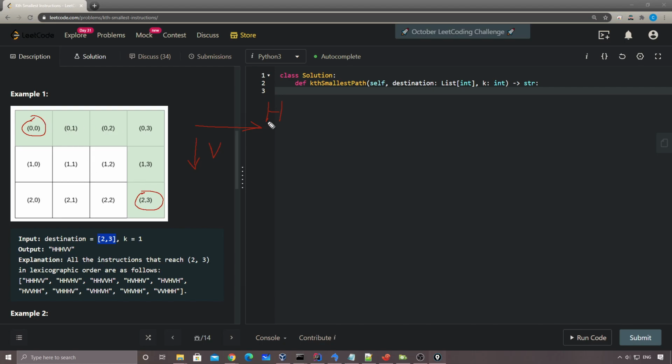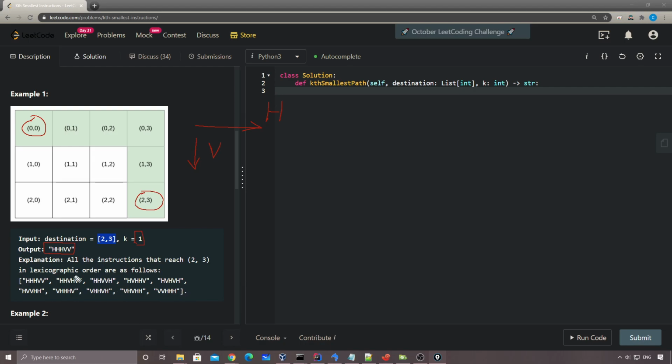Based on your choice, you will end up with a unique path of H and V. As you can see here, H is smaller than V. And here is the tricky part: you need to find the K-th smallest instructions among all those instructions.